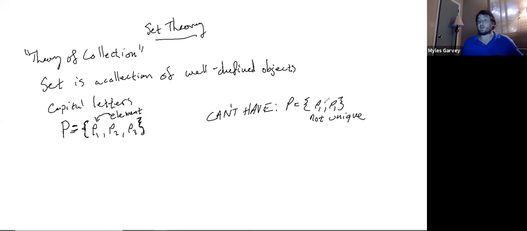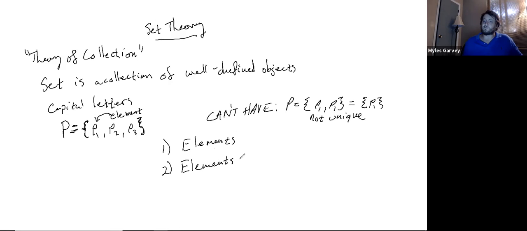If I have a set that is this, it's assumed that this is just the same thing as the set containing P1. So the first rule about defining sets is that we need to define them by elements. The second rule is that the elements need to be unique.